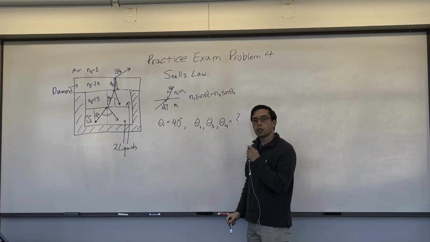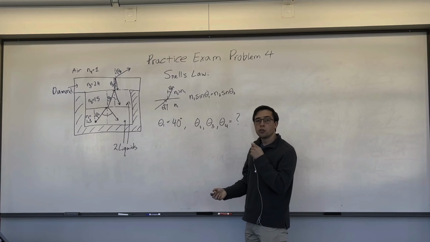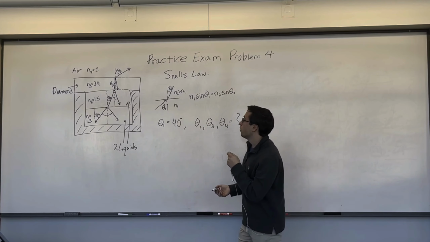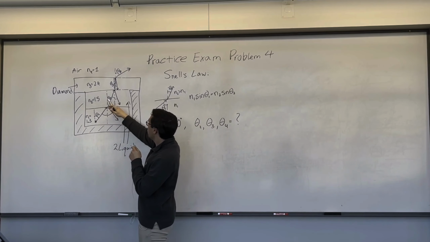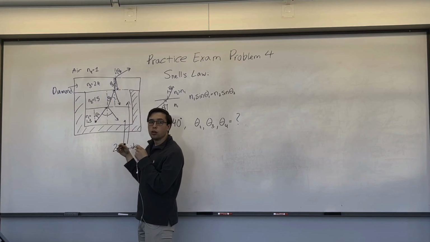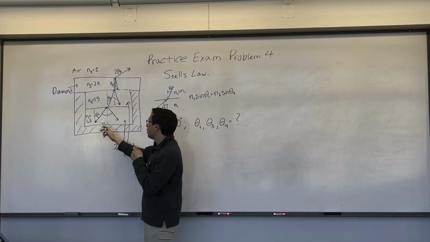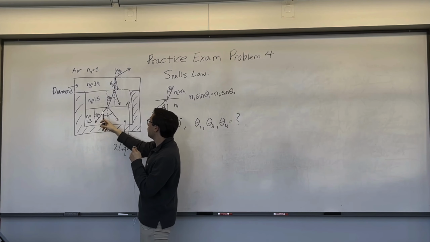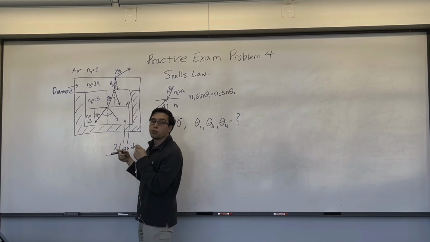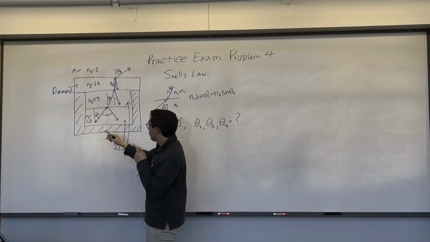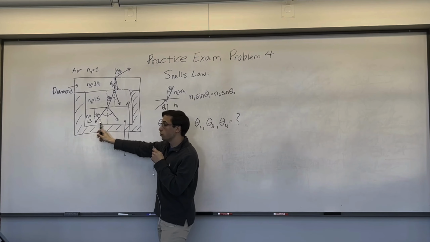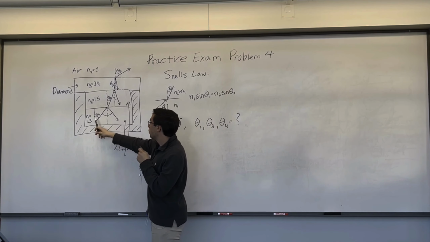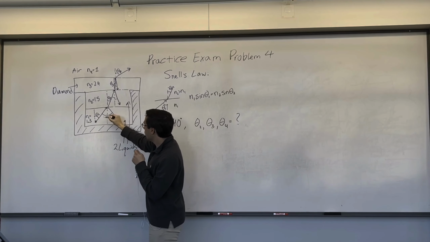And so first, let's figure out some of the angles that are equal to each other here. So I've labeled theta 1, theta 2, theta 3, theta 4 just by definition, right? They're describing the angle with the vertical that our rays are making. But also, for example, if we start here, this theta 1 is going to be the same as this angle here.